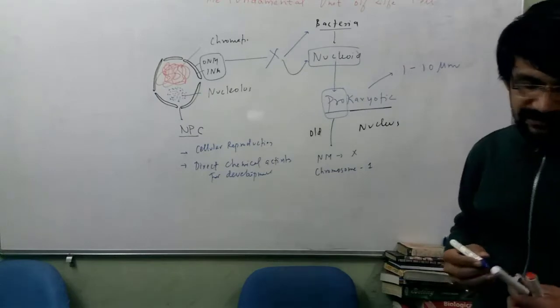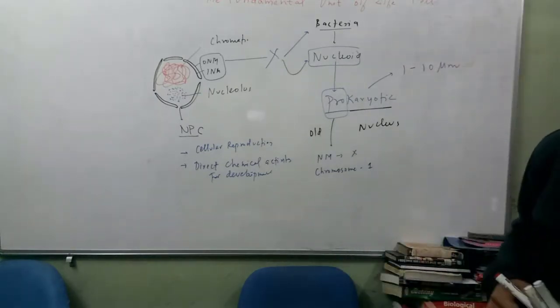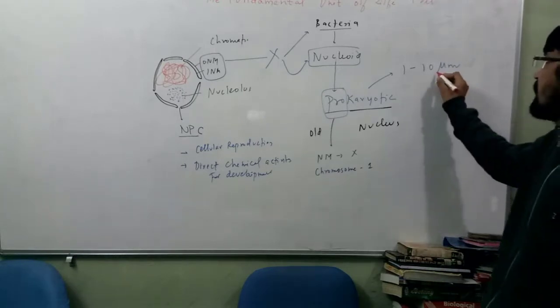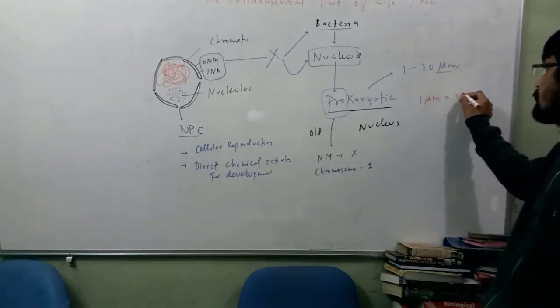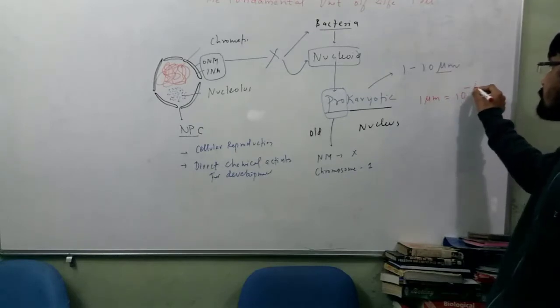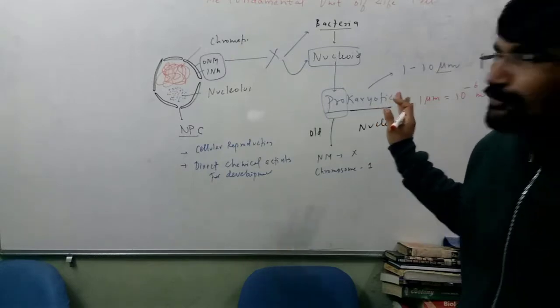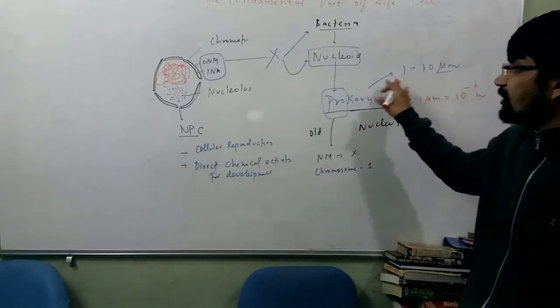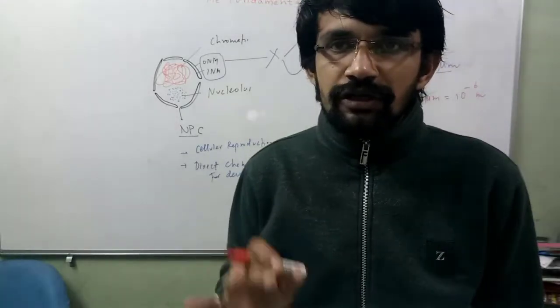Now the question arises, how can we get to know that 1 micrometer is equal to how much? Let me tell you that 1 micrometer is equal to 10 raised to the power minus 6 meters. So you can figure out that prokaryotes are smaller organisms as compared to your eukaryotic organisms.